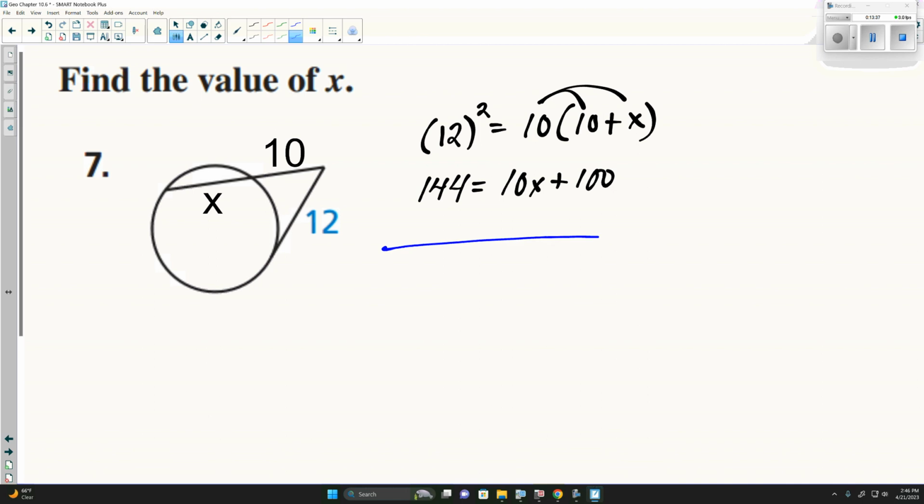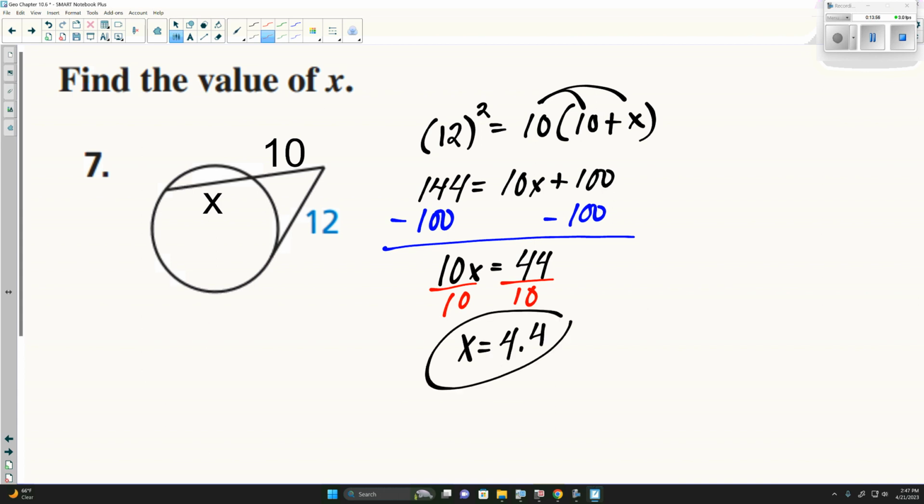Then we would subtract 100 from both sides, telling us that 10x is equal to, then we would divide, which is indeed 4.4. As a fraction, I believe that would be 22 over 5, because 10 and 44 both have a common factor of 2. So 22 over 5, 4.4, either one will work. Questions on these here? You ready for the next one?